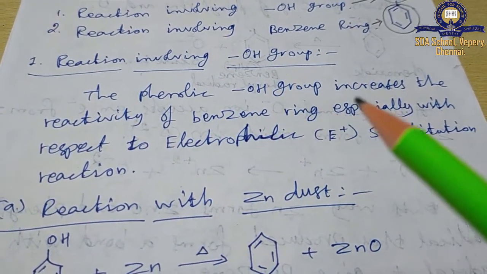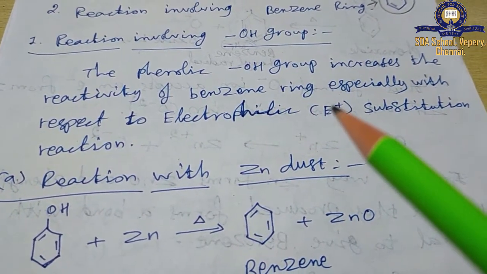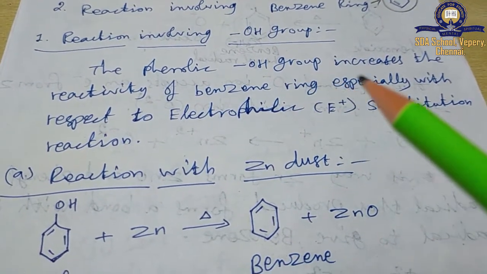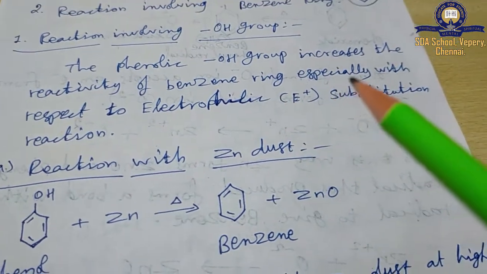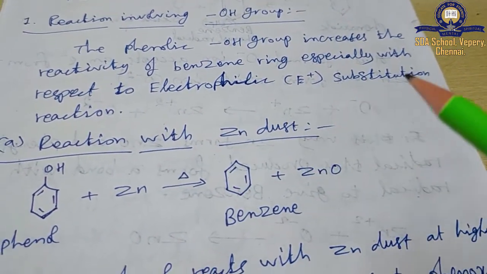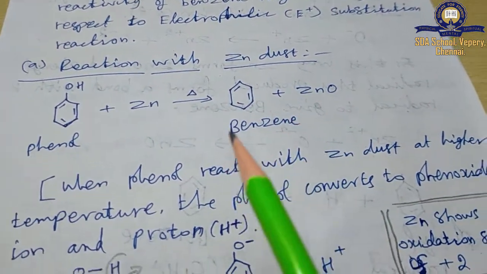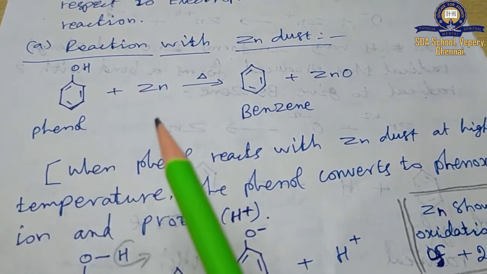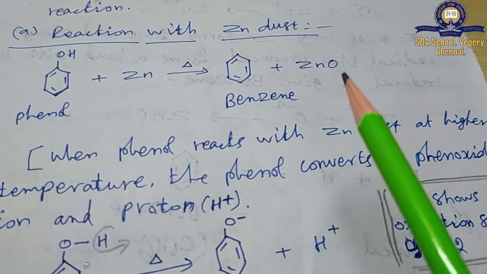The phenolic hydroxyl group increases the reactivity of the benzene ring. Mind it, the phenolic hydroxyl group, the OH group, increases the reactivity of the benzene ring, especially with respect to electrophilic substitution reactions. Listen, reaction with zinc dust. Here phenol, when heated with zinc dust, gives benzene and zinc oxide.